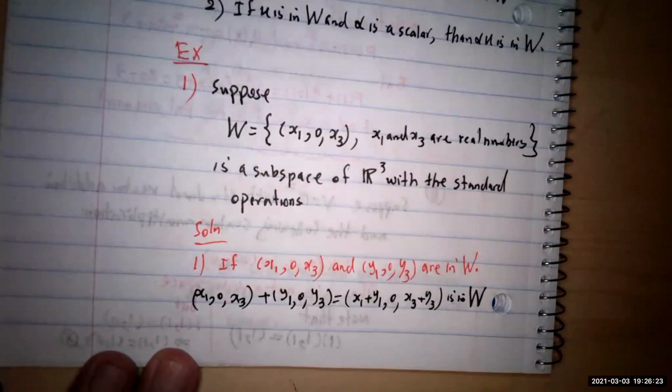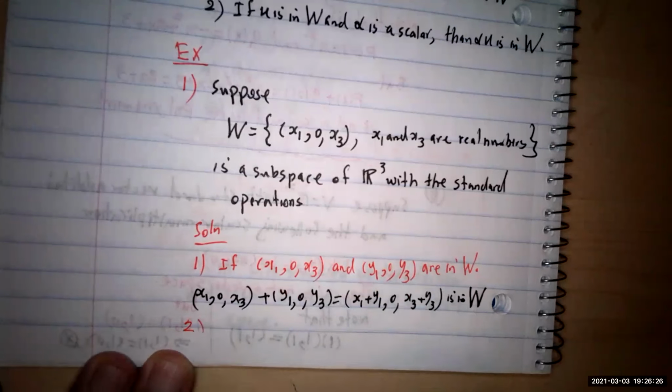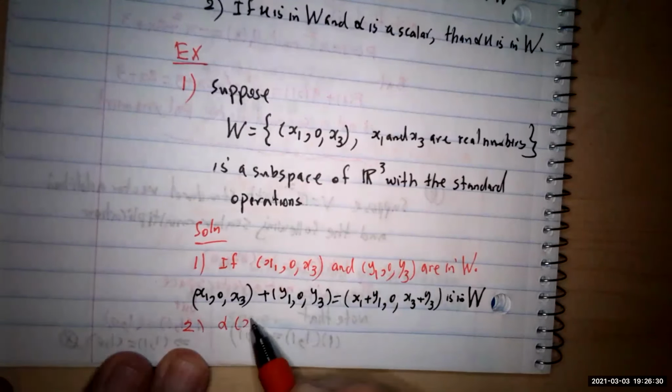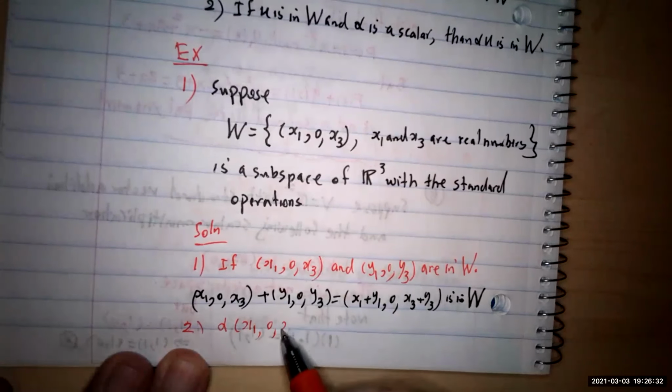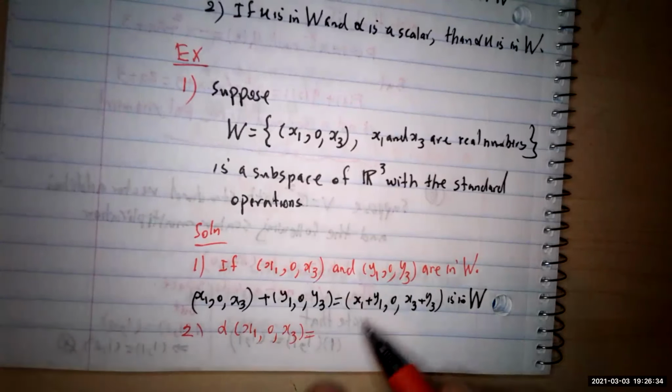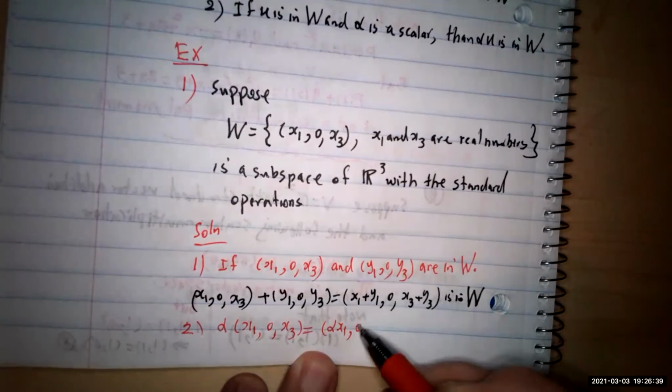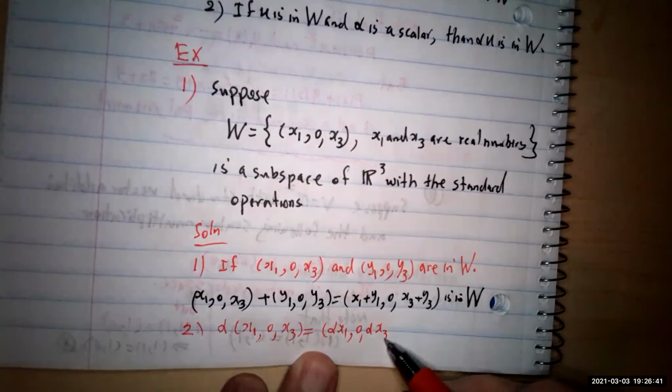And the second condition, scalar multiplication, alpha times (x1, 0, x3). You know that this is going to be (alpha x1, 0, alpha x3).